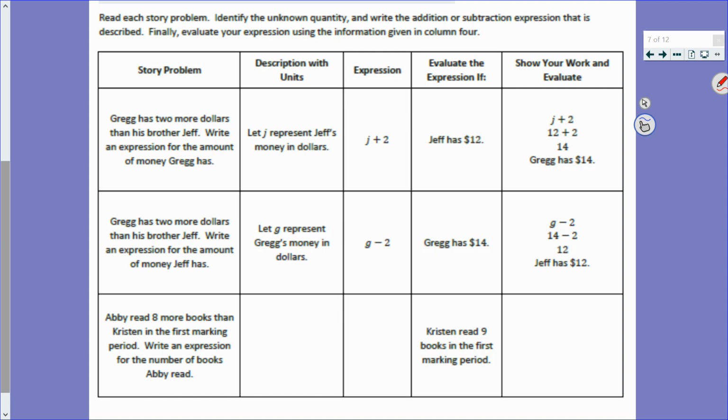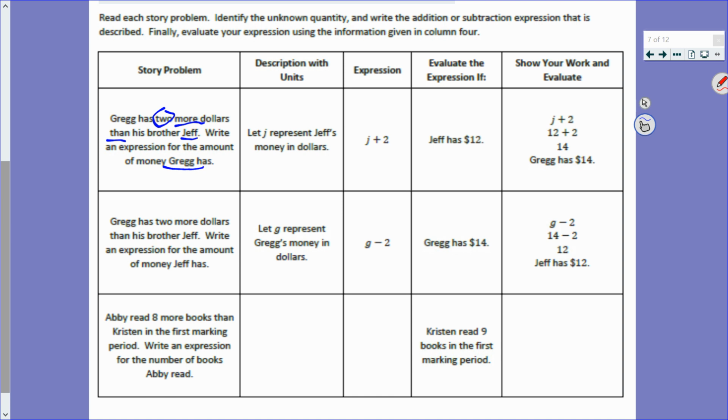Okay? So our first couple, just to give you an idea, we have Greg has 2 more dollars than his brother Jeff. More than tells me 2 things, what? Switching phrase and adding. So now I'm going to write an expression for the amount of money that Greg has. Here's your first hint.